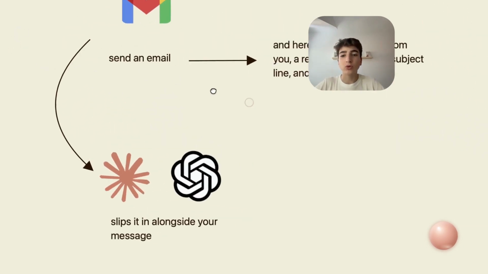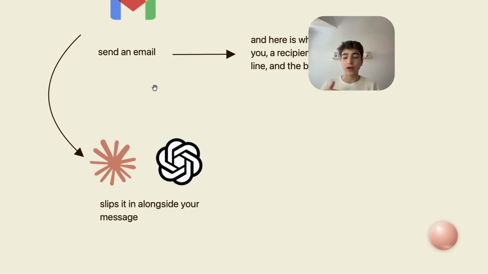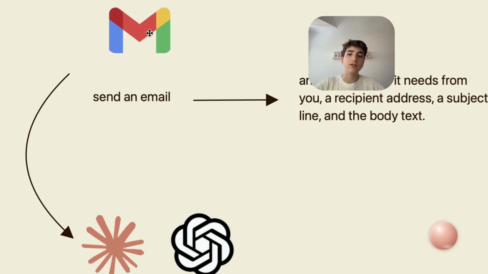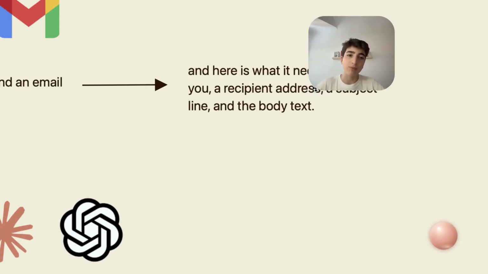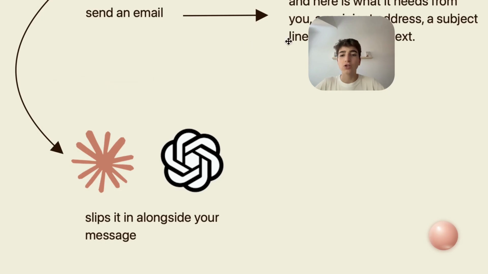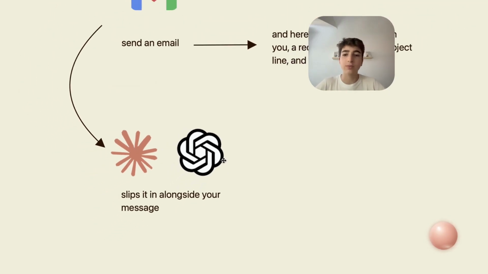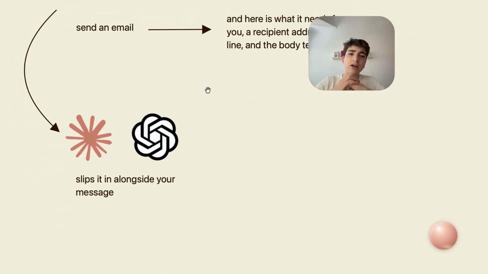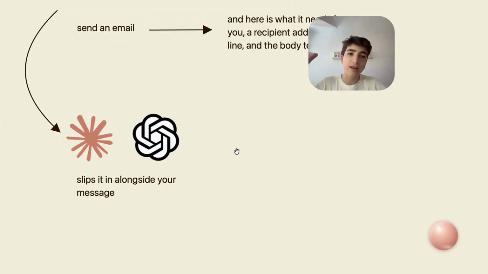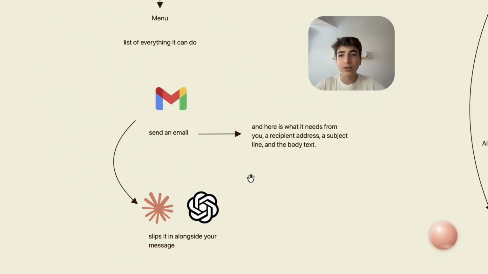So if I send a prompt to ChatGPT telling it to send an email to this and that, ChatGPT asks Gmail, and Gmail says, to send an email you need a recipient address, a subject line, and the body text. ChatGPT reads it alongside your message and asks, is this the right tool for what Pep wanted? He wants to send an email, and this gives me the capacity to send an email. So yes, it's the right tool, and we should use it.